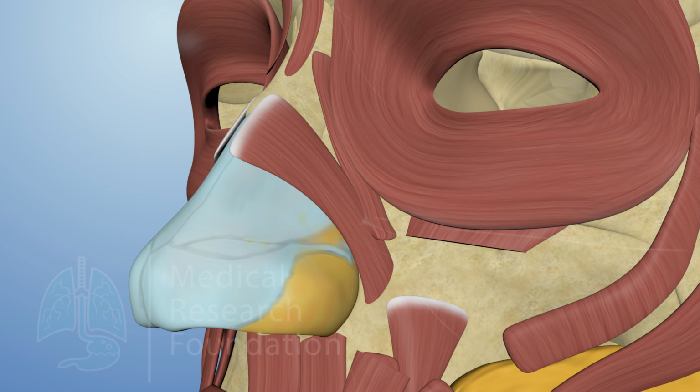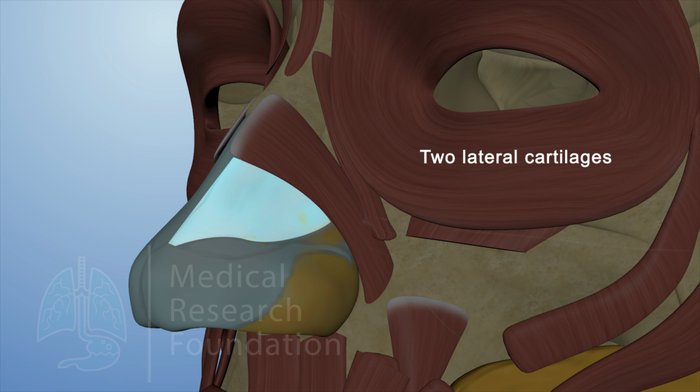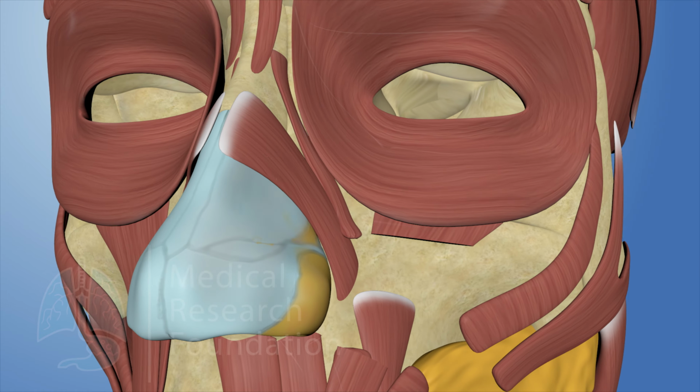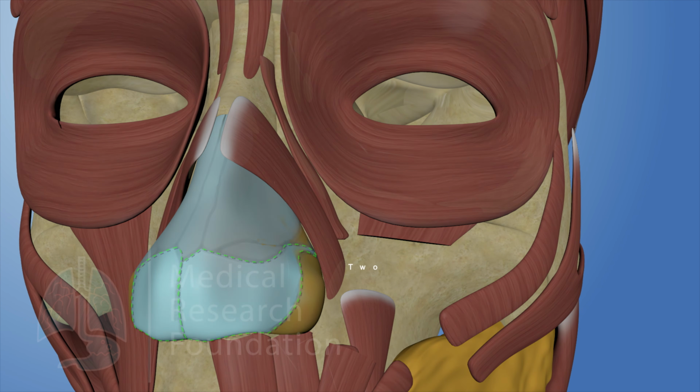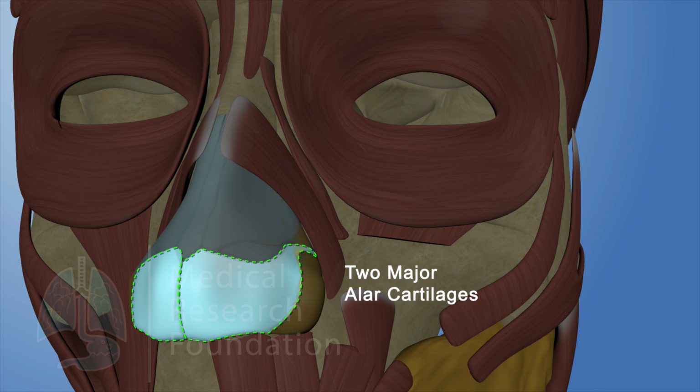Cartilaginous framework of the nose is formed by 5 main cartilages and several additional tiny ones. The 5 main cartilages of the nose are as follows. 1. 2 lateral cartilages. 2. A single median septal cartilage. 3. 2 major alar cartilages.